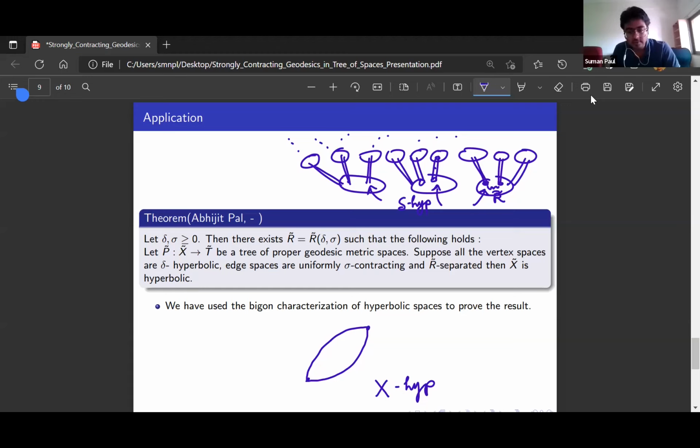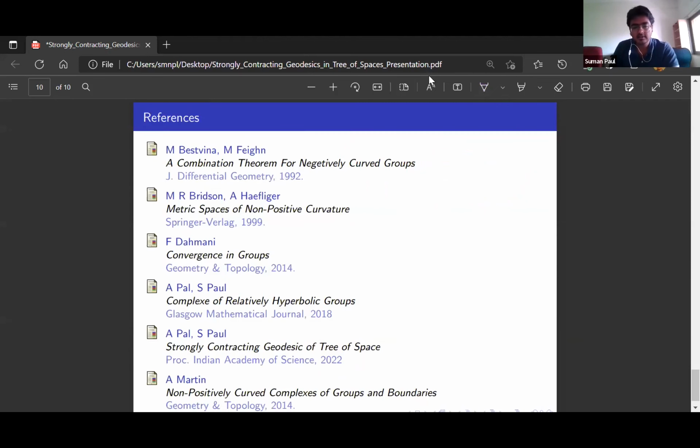That is always true because a bigon is a degenerate triangle, but the converse is also true. So if all the bigons are delta-thin for some delta, then X will be hyperbolic. So we use this characterization to prove this result. Okay, so these are some references, and thank you.